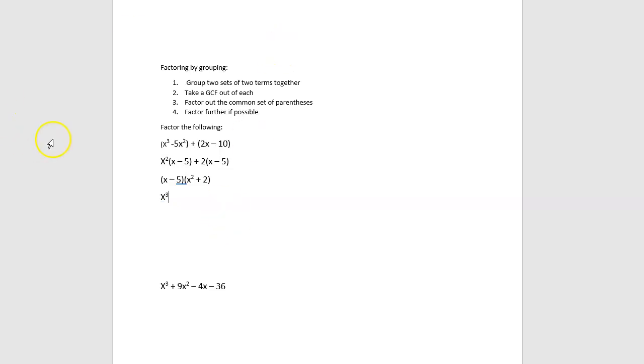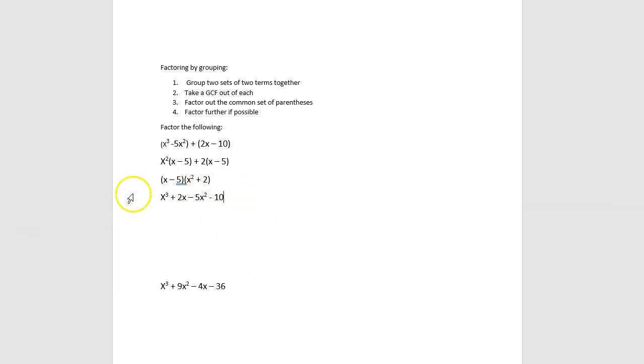All right, and then if we do x times 2, that will be 2x. And now if I take our minus 5 through, minus 5 times x squared is minus 5x squared. And then minus 5 times 2 is minus 10. And notice it's the same thing we started with, it's just out of order. And of course we can add in any order we want to. So we've done it correctly.